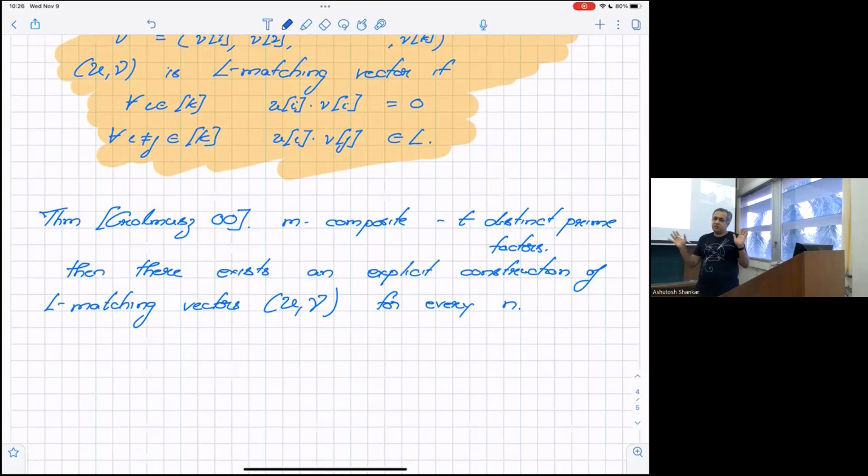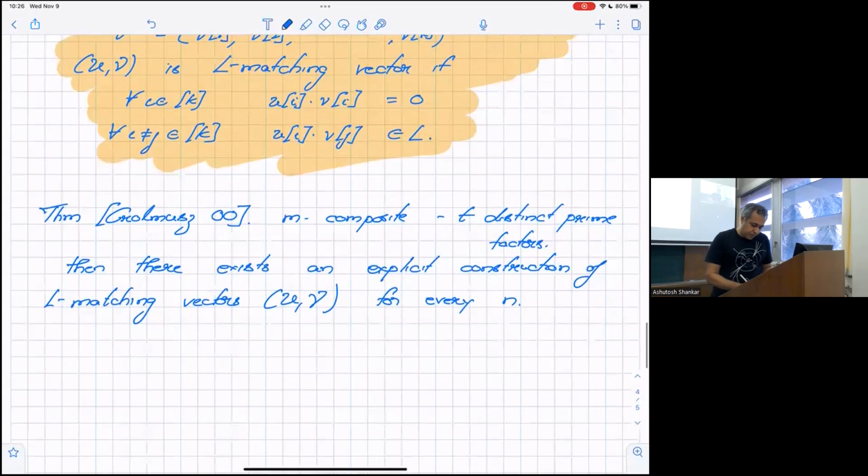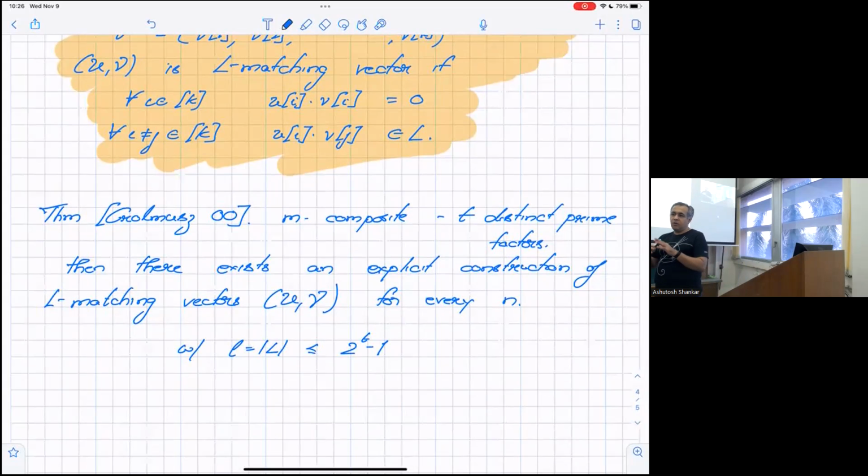Think of m as 6 for now. For every n, I can give you arbitrarily long vectors with the size of L being at most 2^t minus 1. That's the number of possible non-zero elements that you will find. It won't take all possible values in Z_m, but only 2^t.